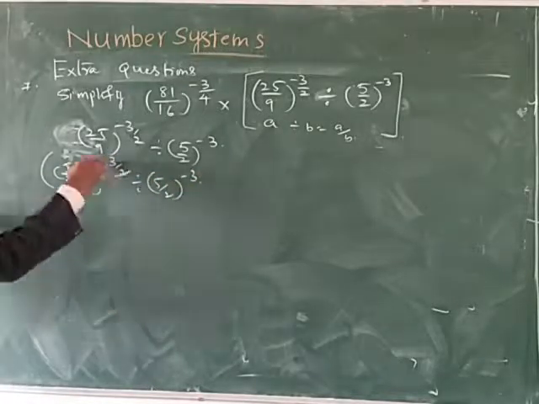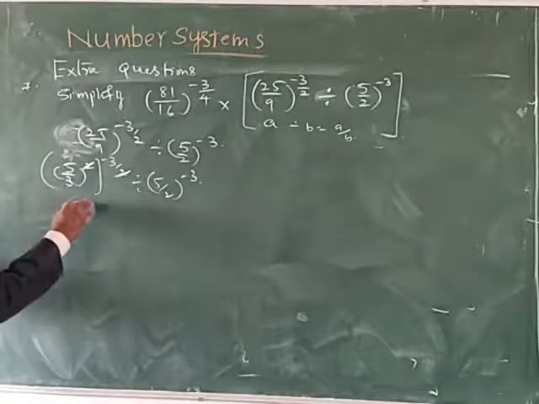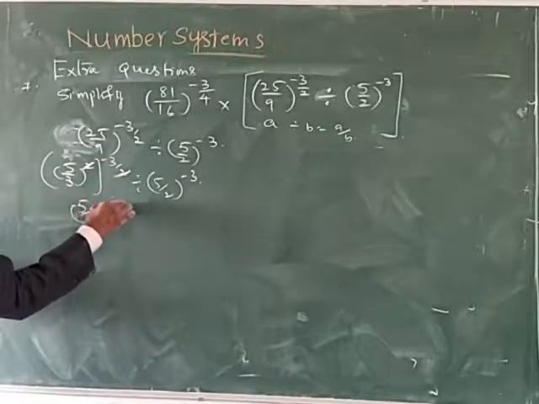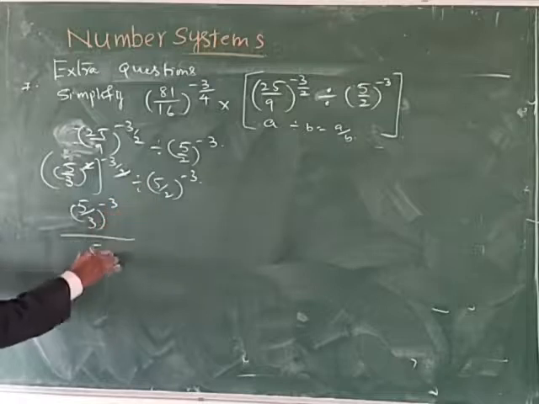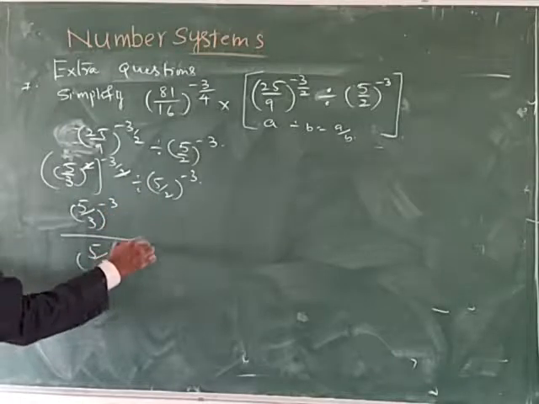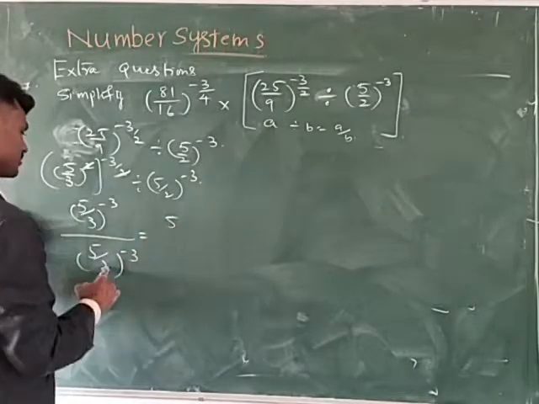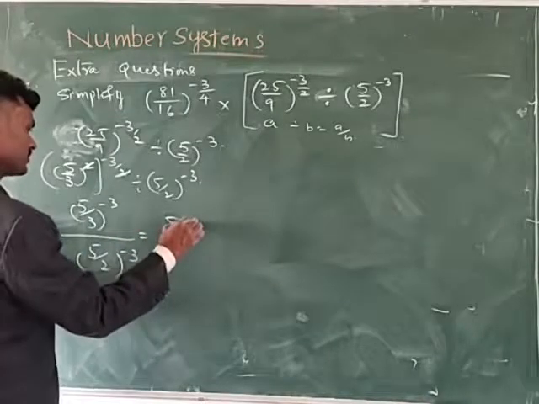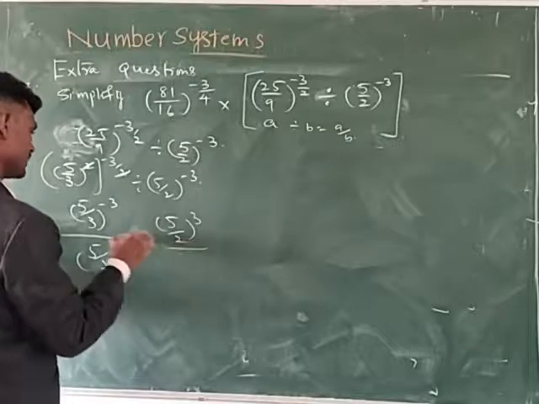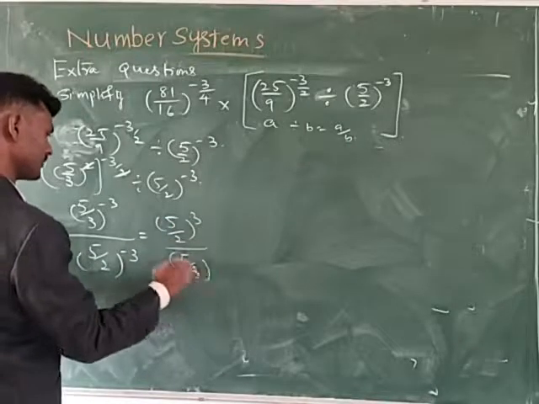Now this 2 cancels, then here 5 by 3 whole power minus 3 divided by 5 by 2 whole power minus 3. Now this is rewritten: the negative power goes to the numerator, so 5 by 2 whole power 3 by 5 by 3 whole power 3.